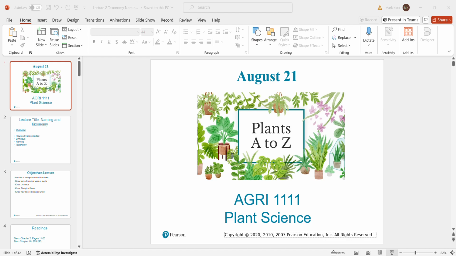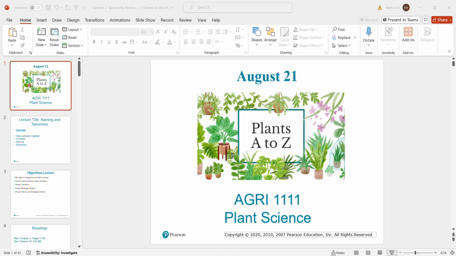Then, many years later, a guy by the name of Carl Linnaeus created the naming convention we use today, and that is the binomial naming system. So he created the binomial naming system of plants. The prefix bi in science or in Latin means two.